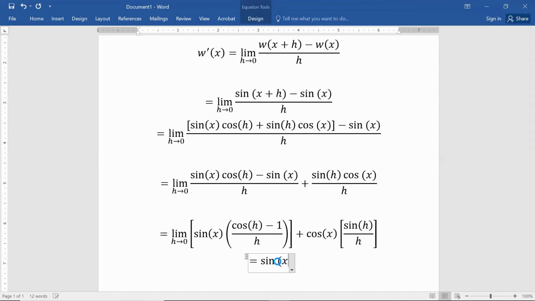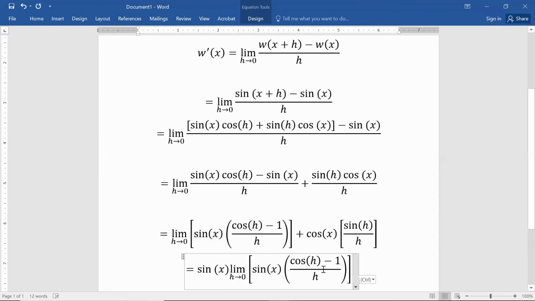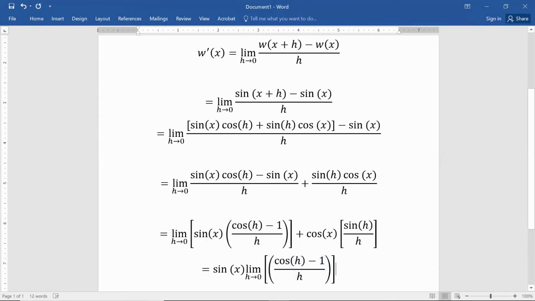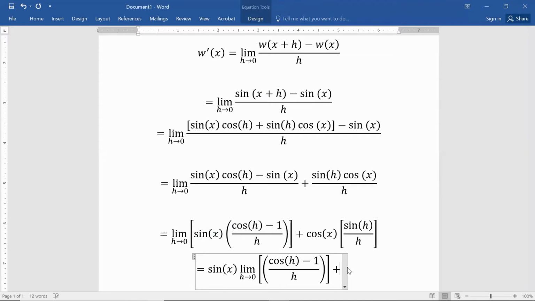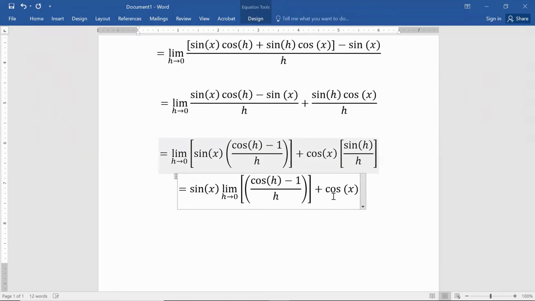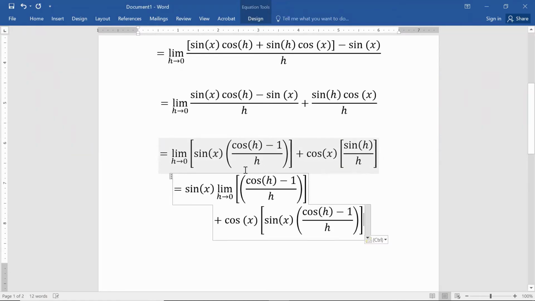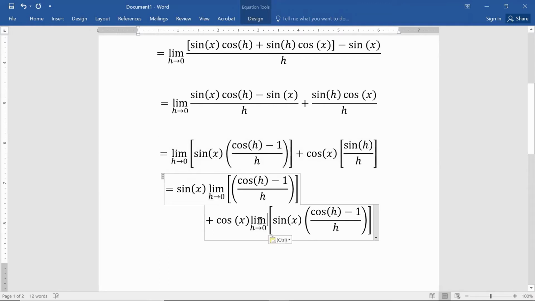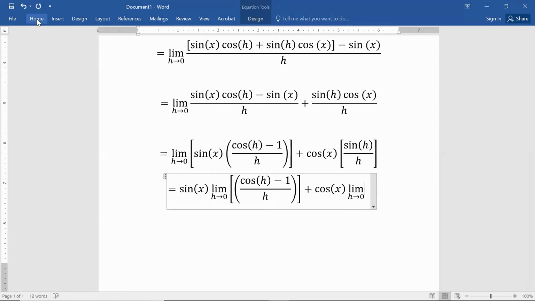What happens is you end up with sine of x times the limit as h goes to 0 of the expression cosine h minus 1 over h, plus cosine x times the limit as h goes to 0 of sine h over h.